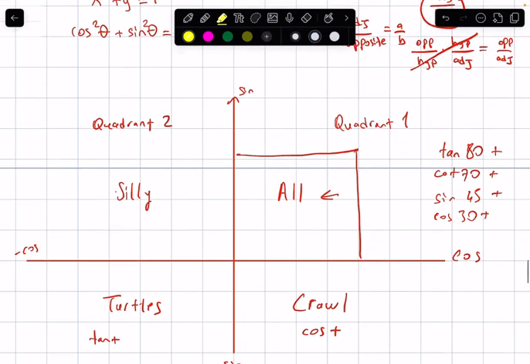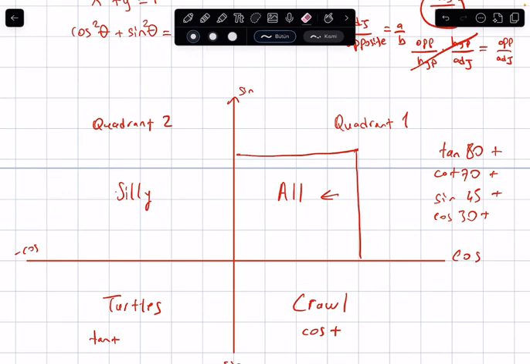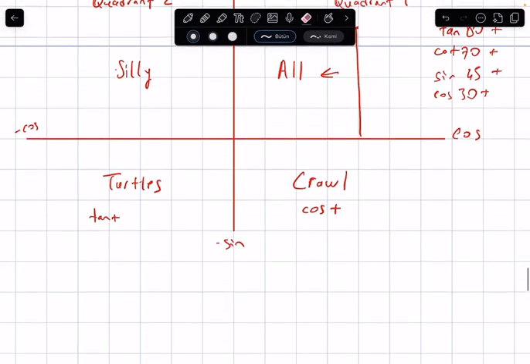So, that's it. Since tangent is sine over cosine, sine is positive over negative cosine, then tangent is negative, see? In quadrant 2. That's how I remember it, actually. But maybe you will like this one.